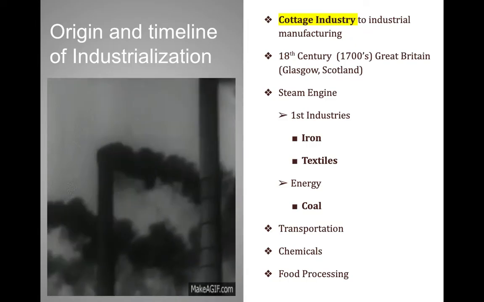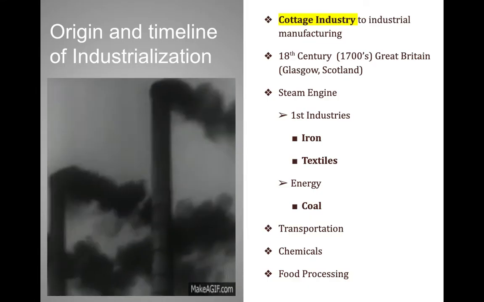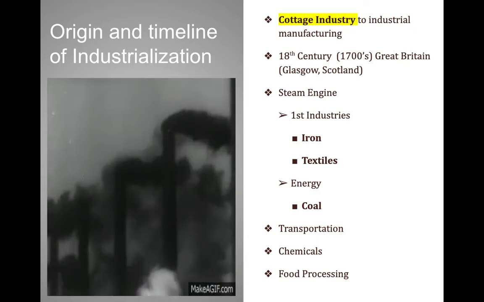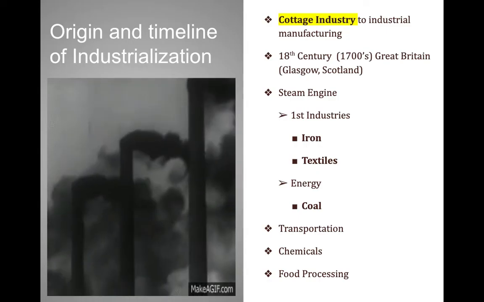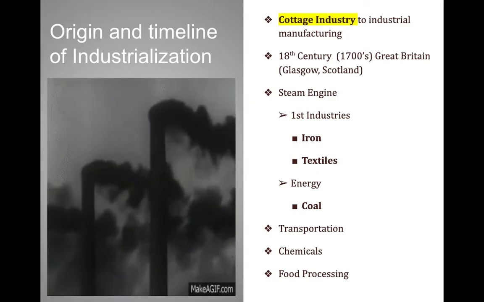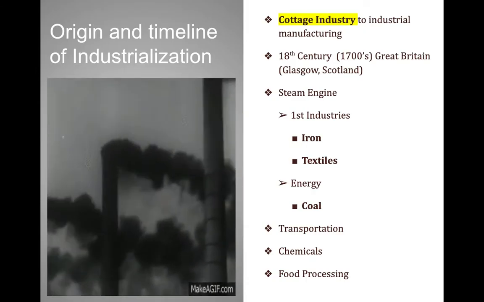The first industry of output was iron. They were, again, ovens that had to maintain a constant heat. And again, that was something that the energy of steam was able to do for manufacturing iron products or output. Then came textiles.